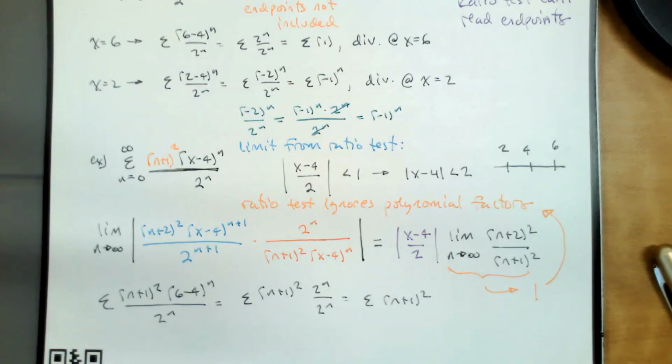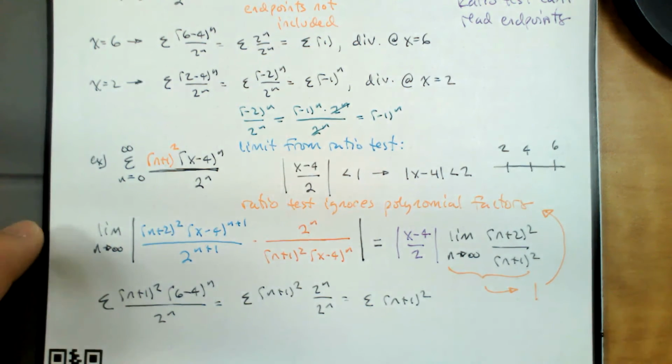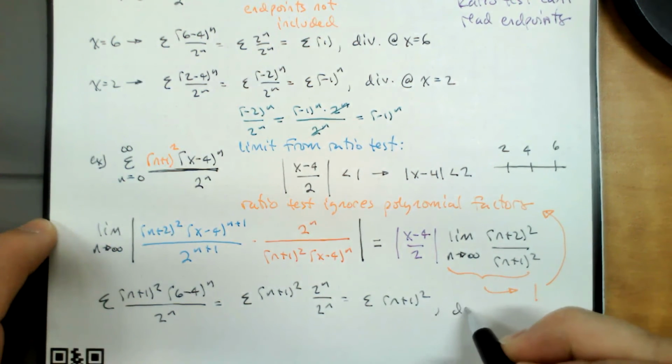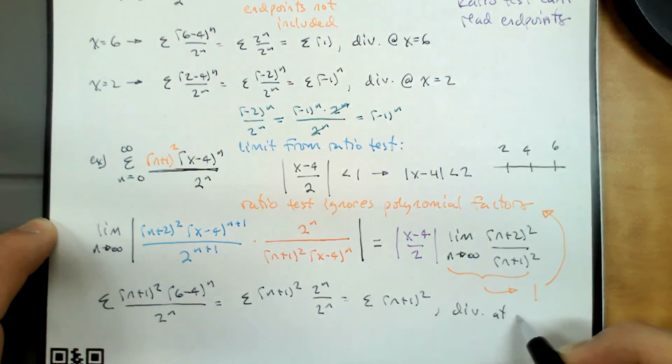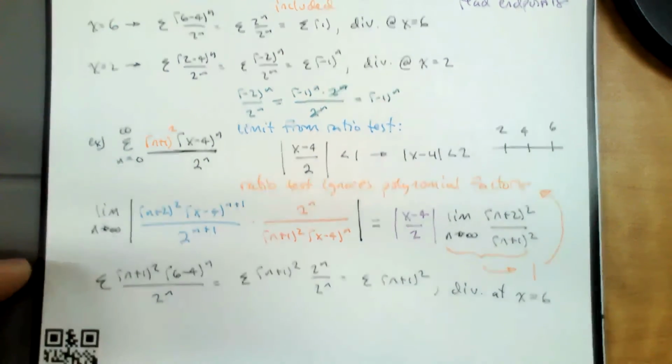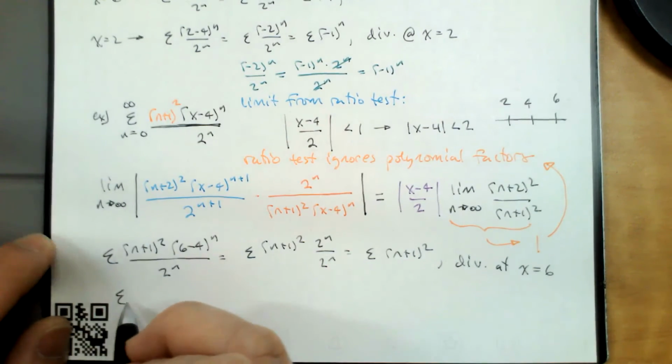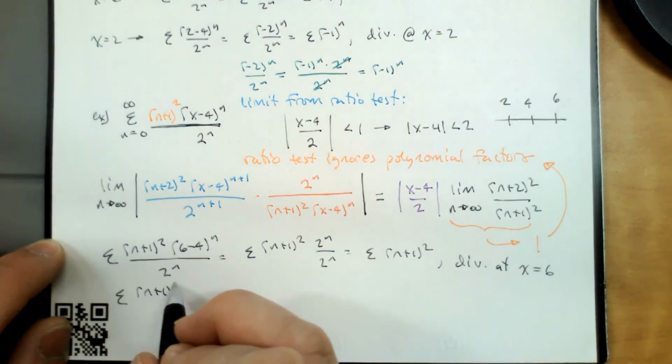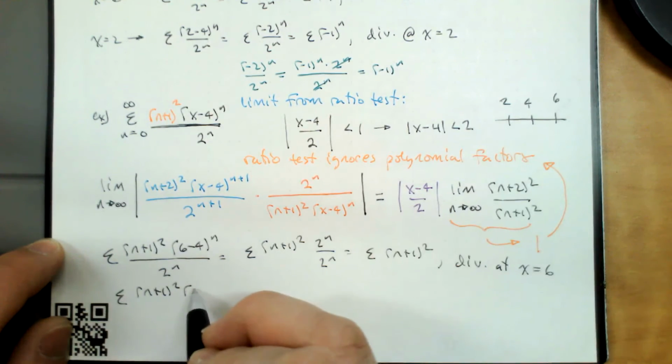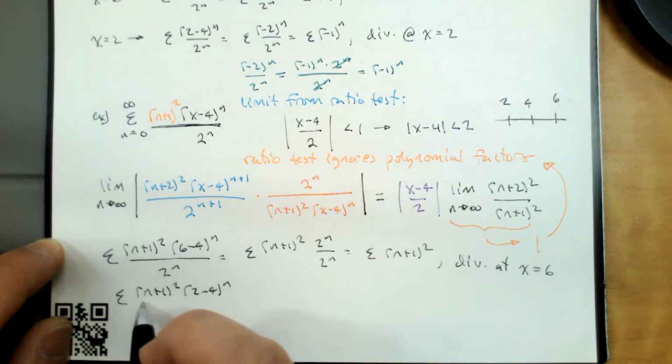That part cancels out, and we just have a series in n plus 1 squared. Terms don't go to 0, so the series diverges at x equals 6. And at the other endpoint, we'll have 2 minus 4 to the n.